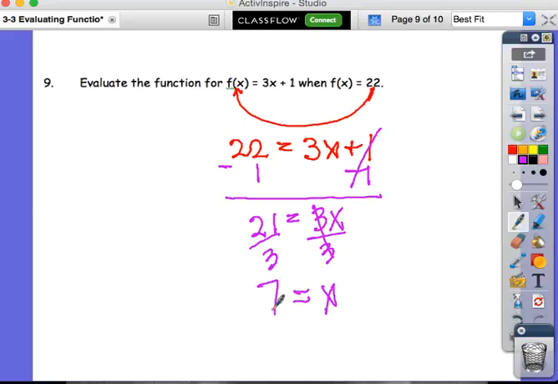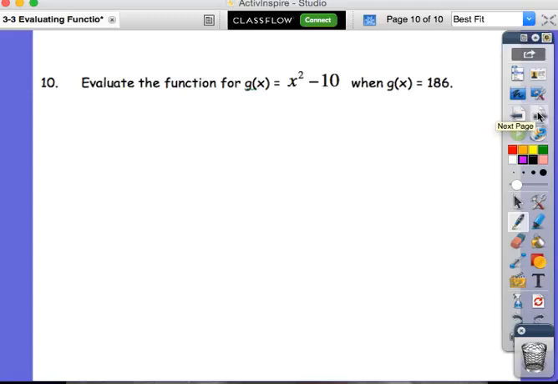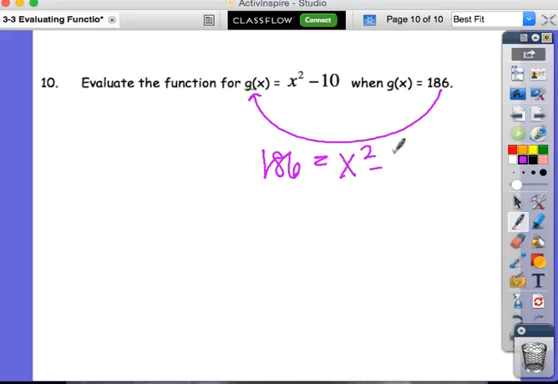Okay. Last one. If g of x is 186, so 186 equals x squared minus 10. What would you do first? G of x is the same as f of x. Just if you're talking about the function g, the function f, the function m, it doesn't matter.